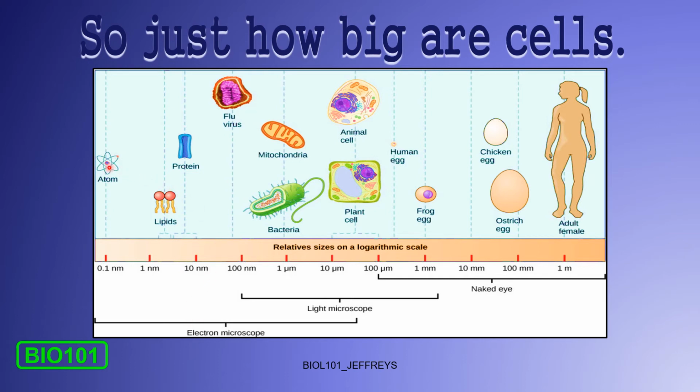And then atoms themselves go beyond that, less than 1 nanometer, so very, very tiny. Okay, so this is just a comparison of different types of cells, and we will be sort of examining things in this range to this range.